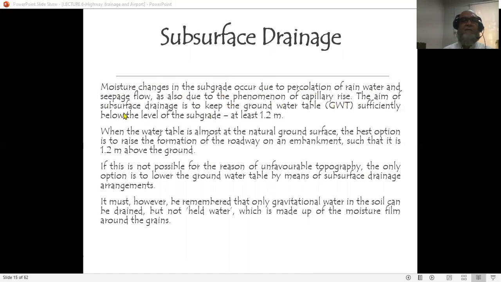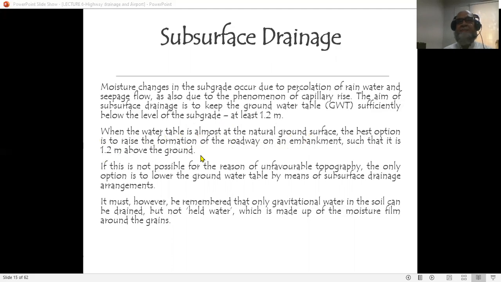The aim of subsurface drainage is to keep the groundwater table sufficiently below the level of the subgrade, at least 1.2 meter. When the water table is almost at the natural ground surface, the best option is to raise the formation of the roadway on an embankment such that it is 1.2 meter above the ground.